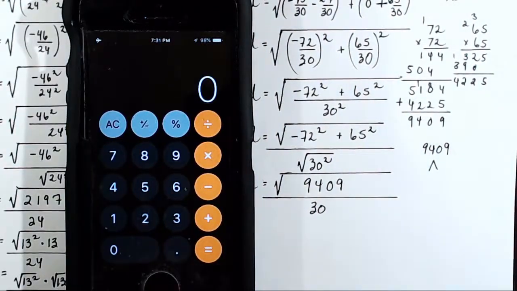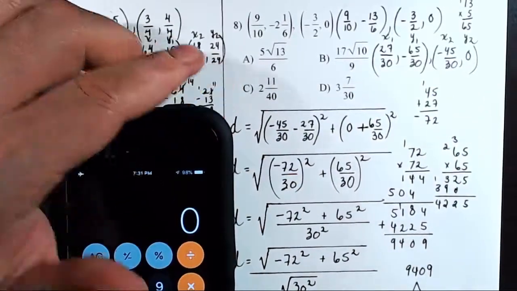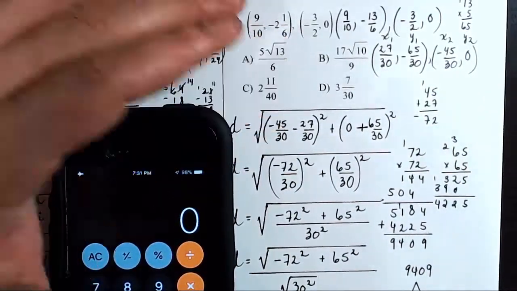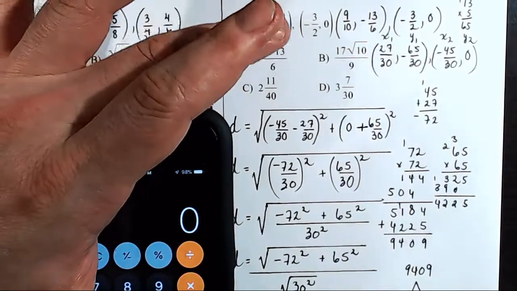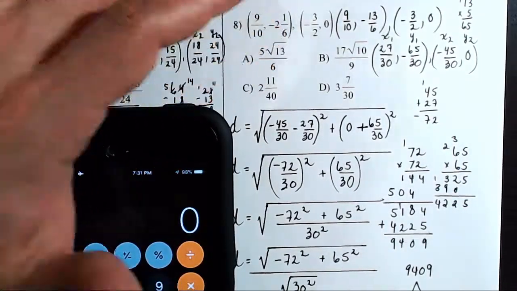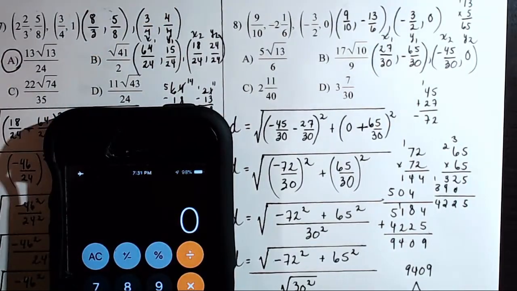Let's make sure I didn't do something crucial wrong up here. 9/10, okay, turn that into 27/30. I did this. 2 times 6 is 12 plus 1 is 13.